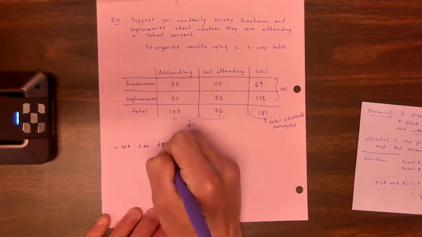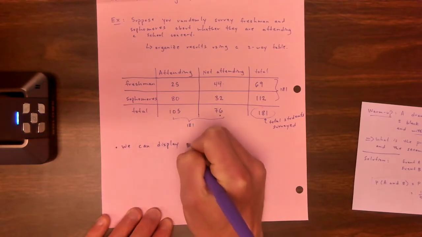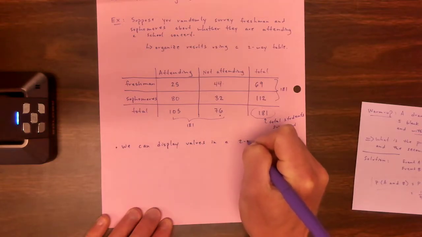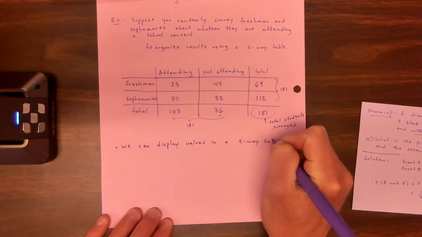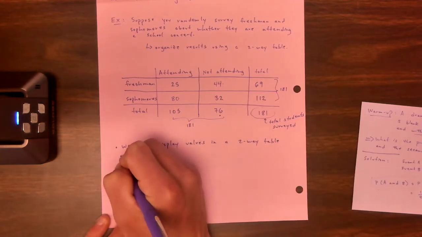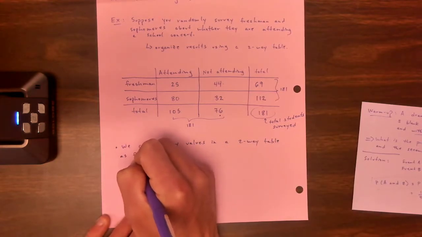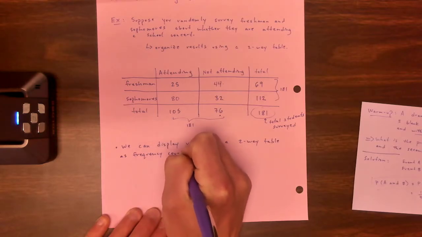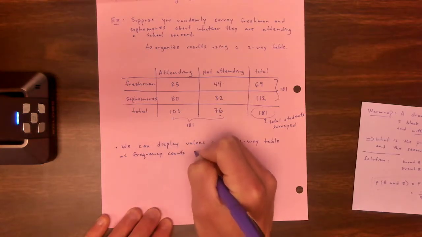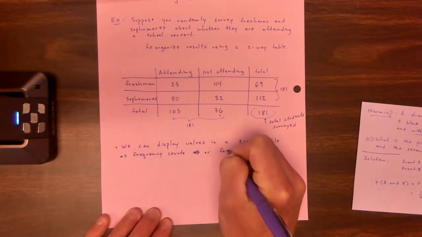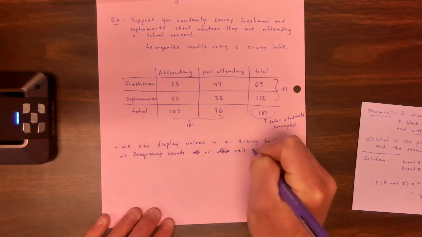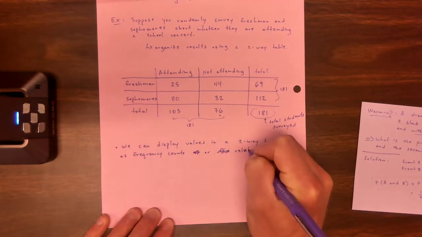We can display values in a two-way table as frequency counts, or another way of saying that, frequency, I'm all over the place, or relative frequencies.